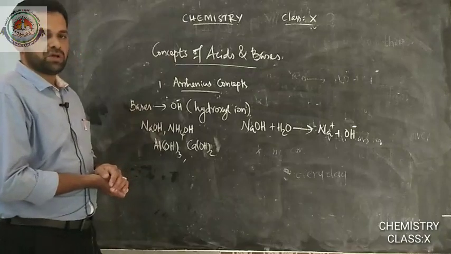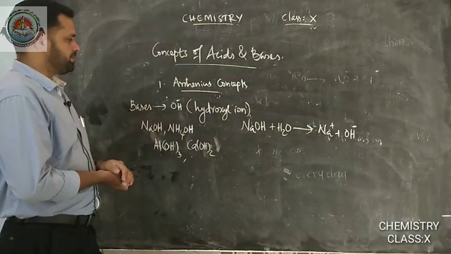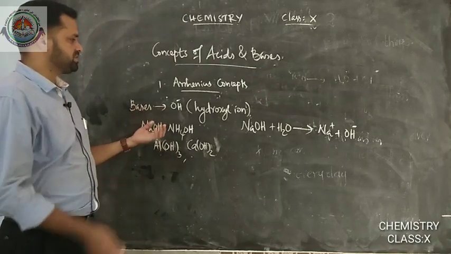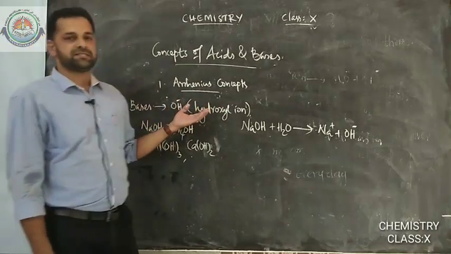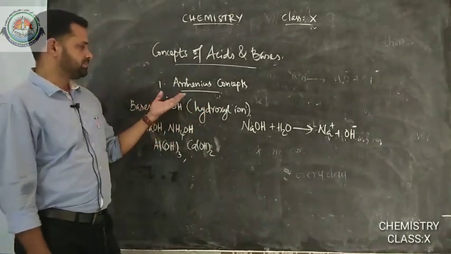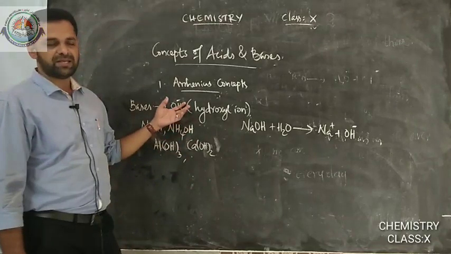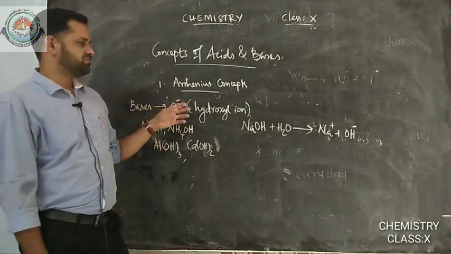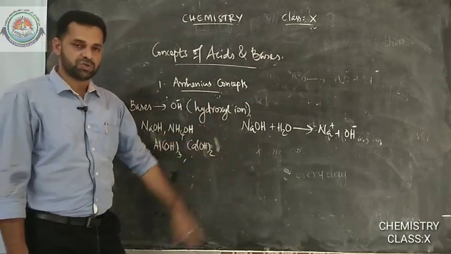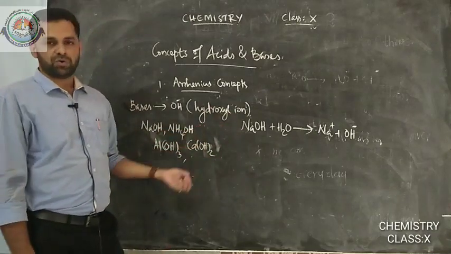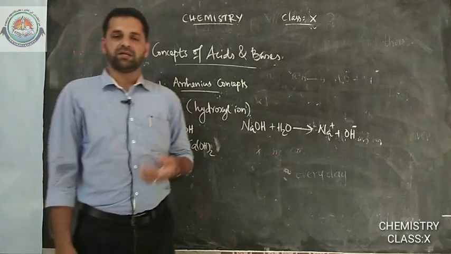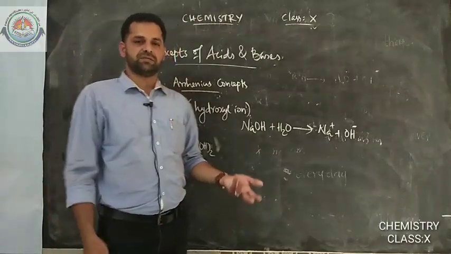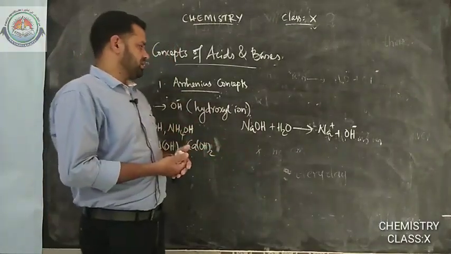I hope you understood what definition has been given for acids and bases according to Arrhenius. Arrhenius states that acids are the substances which give H plus ion in aqueous solutions. Example, hydrochloric acid, sulfuric acid, nitric acid, citric acid, many acids are there.